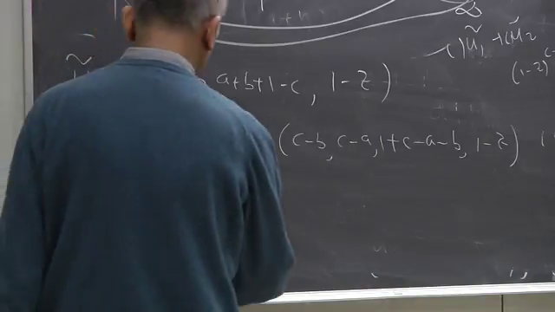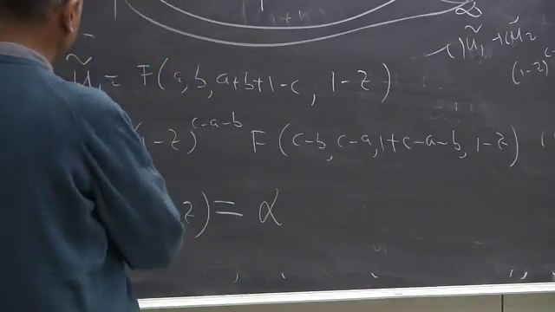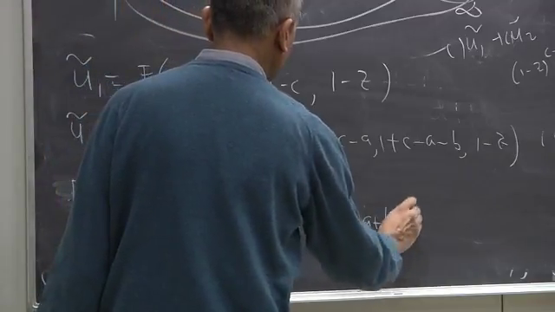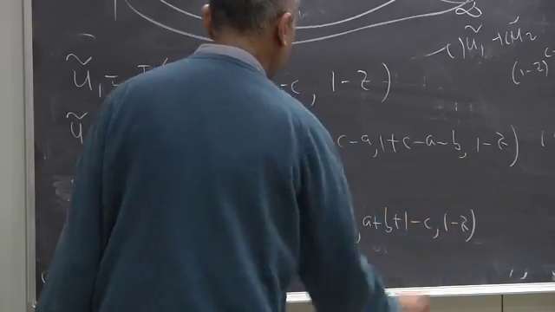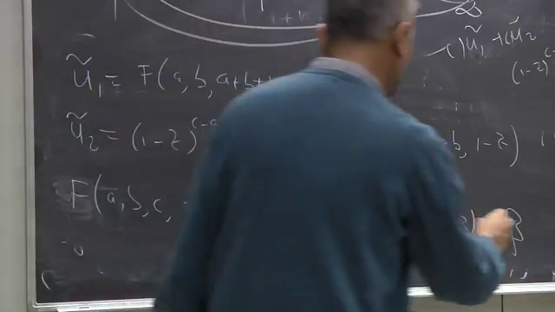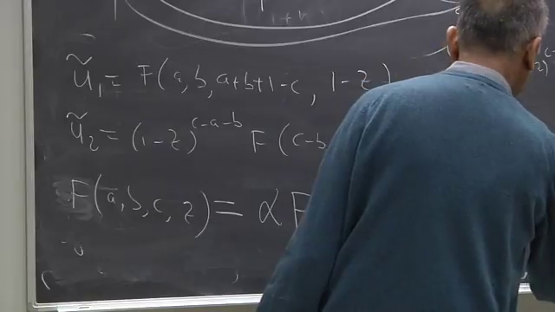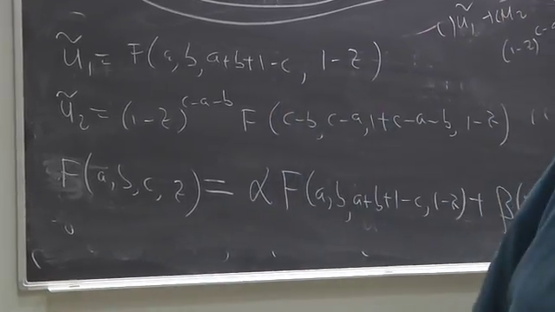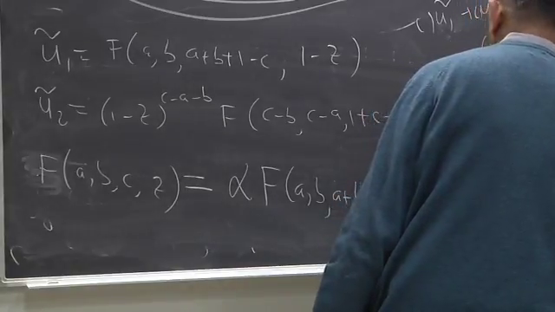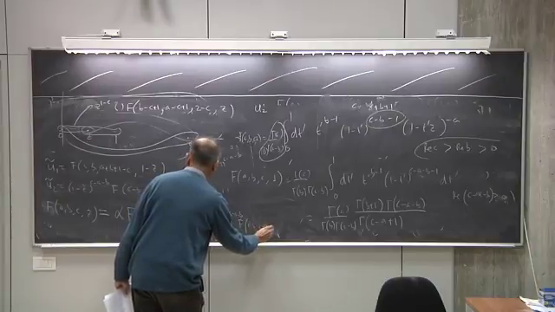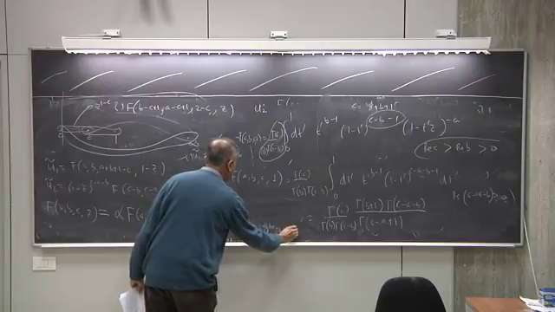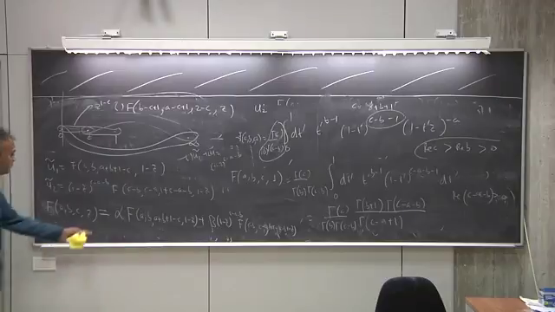It should be possible to write it as some coefficient alpha times u1 tilde, which is F(a,b;a+b+1-c;1-z), plus some coefficient beta times the second solution, which is (1-z)^(c-a-b) times F(c-b,c-a;1+c-a-b;1-z). So the question now is, how do I compute this alpha and beta?